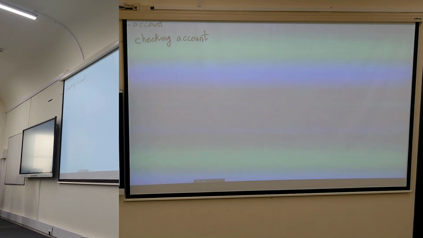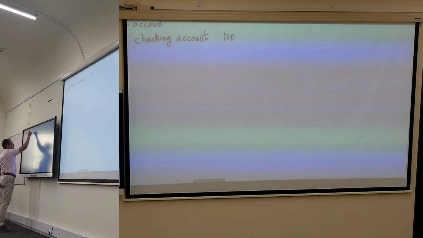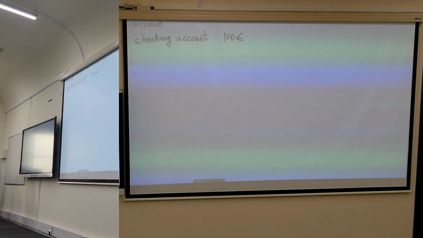So let's see what will happen if I, as a person, as a customer of a bank, open a checking account, for example. So I want to open a checking account, okay, with 100 euros, for example.